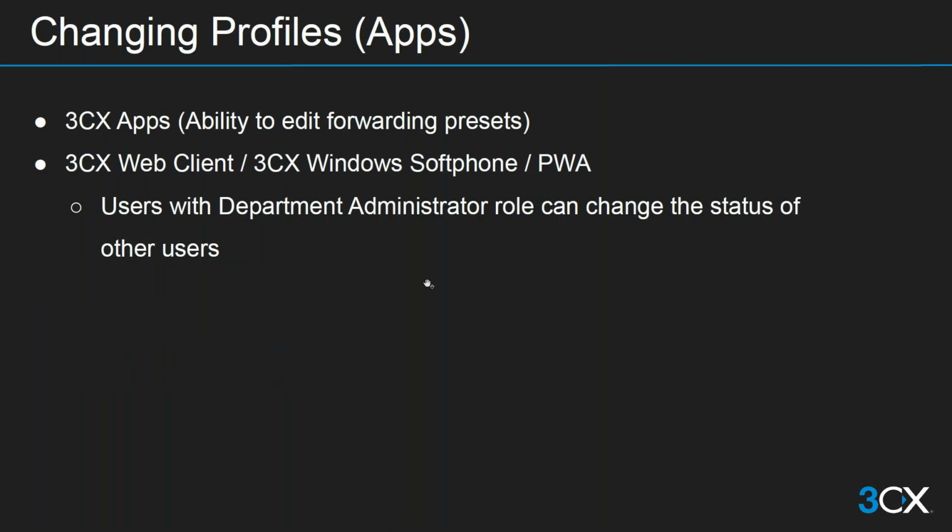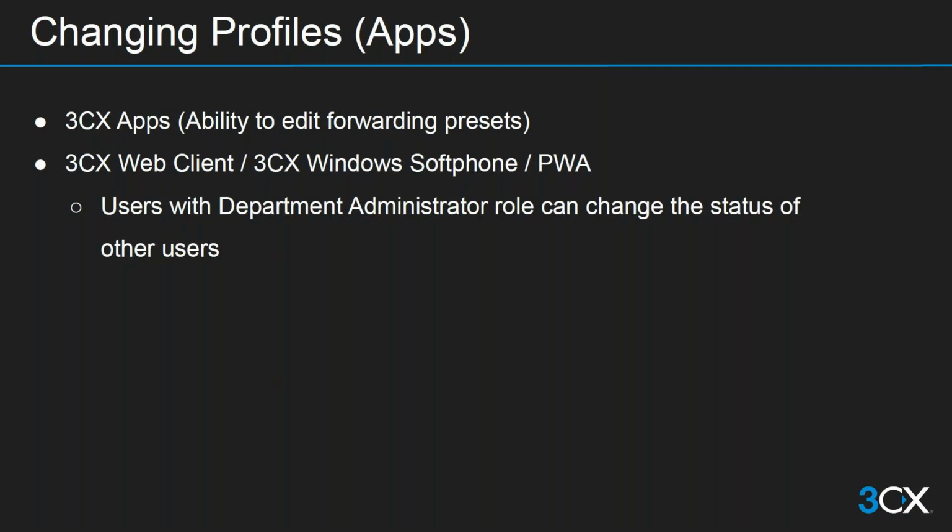Changing profiles, we can do that on the 3CX apps. We also have the ability to edit forwarding presets: 3CX web client, 3CX Windows softphone, and the progressive web app. Users with department administrator role can change the status of other users.